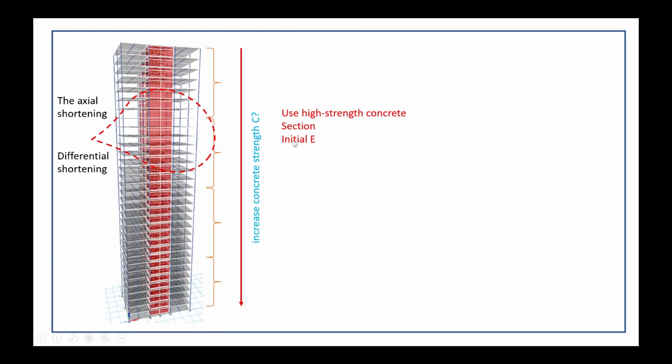For a tall building, we should use high strength concrete to reduce creep and shrinkage. You know concrete is a time-dependent material, so to reduce creep and shrinkage over time, you should use high strength concrete. If you increase to 40 stories or 50 stories, the concrete strength also increases.